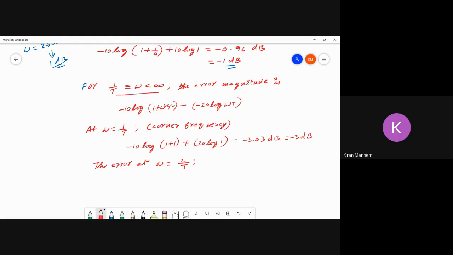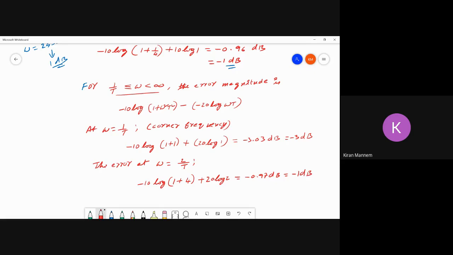So at omega equal to 2 by t, what's the value? Again, we'll substitute the value. It is minus 10 log 1 plus omega square t square. So what is the value? It will be 4 here, right? Plus 20 log 2. So if you calculate this value, again you will get minus 0.97 or 0.98 dB. I can say it is minus 1 dB approximately.